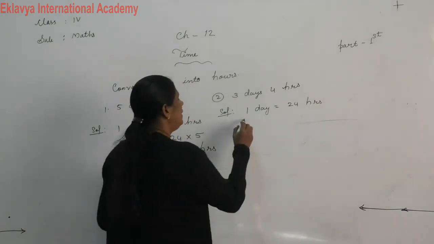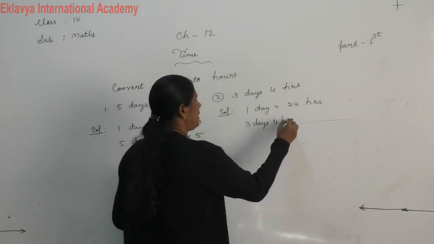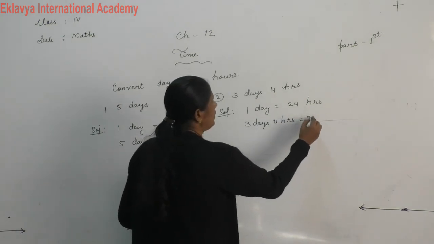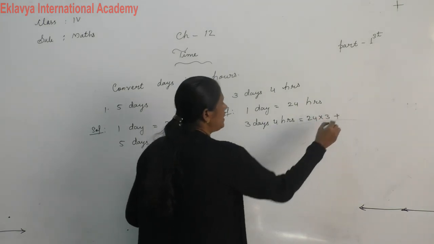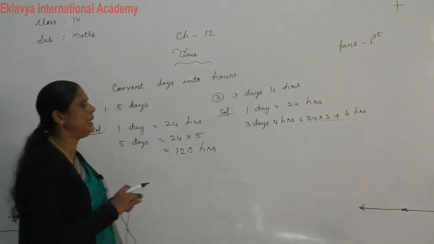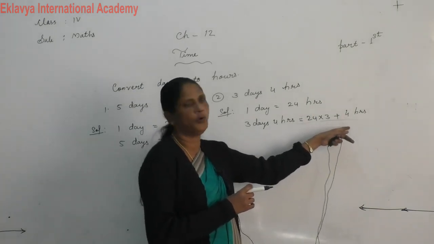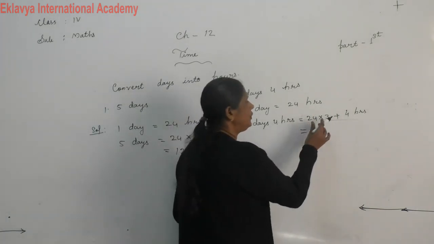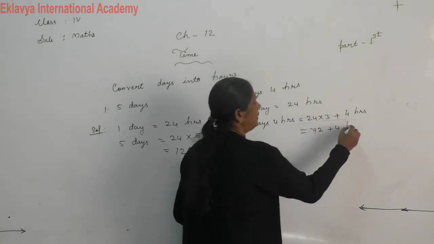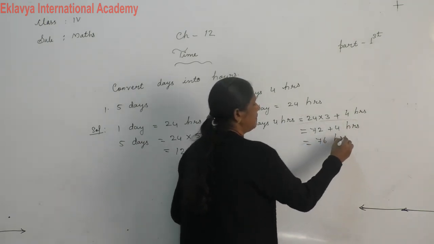Then 3 days 4 hours is equal to 24 into 3 plus 4 hours. First you multiply 24 into 3, then plus 4 hours. 24 times 3 is 72, plus 4 hours is equal to 76 hours.